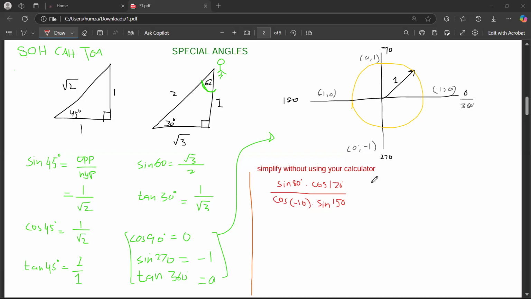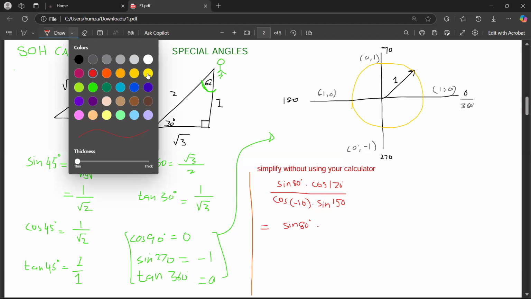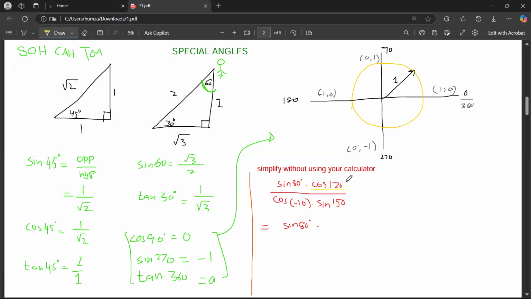Okay, no problem. So we have: simplify without using your calculator. Sin 80 times cos 120 degrees over cos minus 10 and sin 150 degrees. Now sin 80 is fine, right? We can write this as it is. Now we have to use cos 120 degrees. This is the problem.